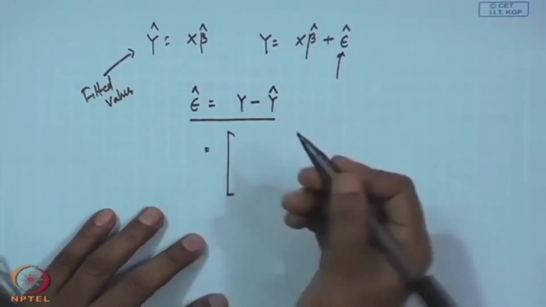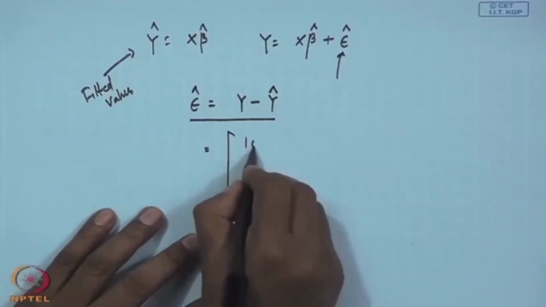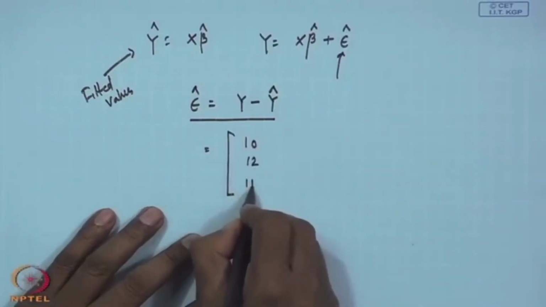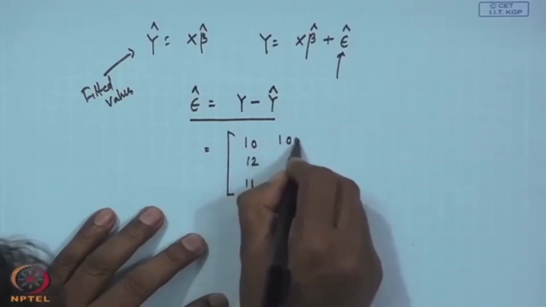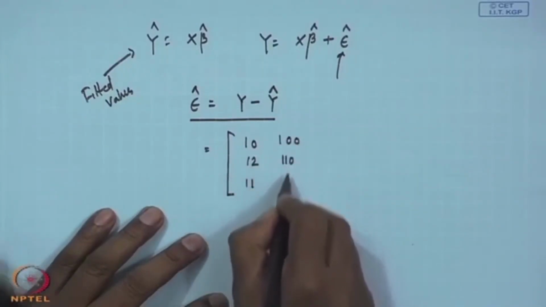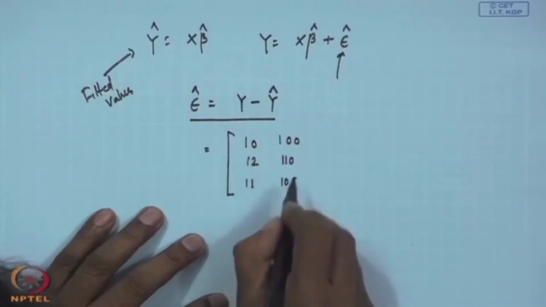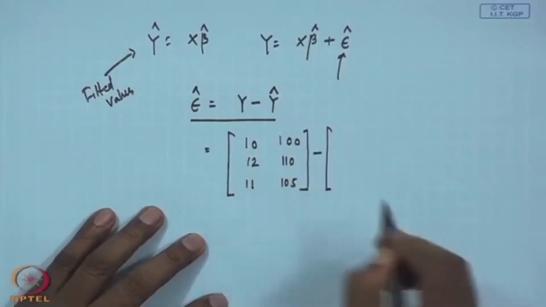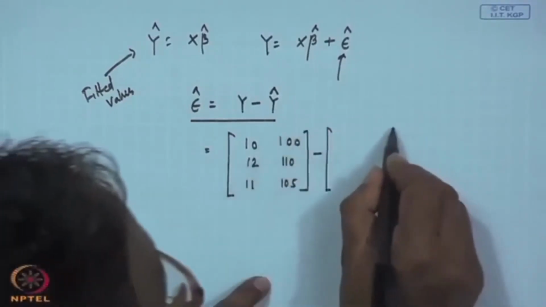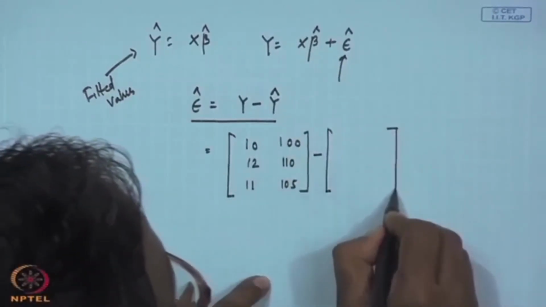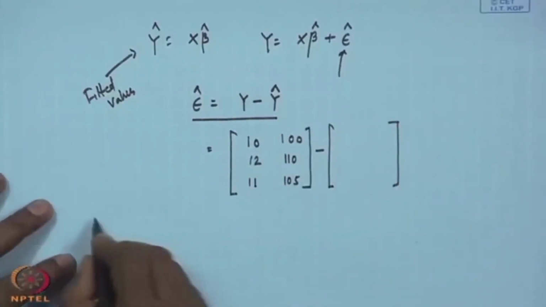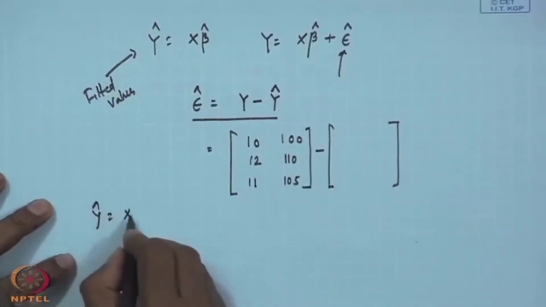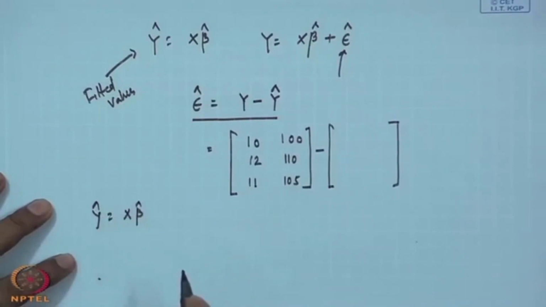Your y variables are y1: 10, 12 and 11, and y2: 100, 110 and 105. So now you require to find the y cap values, where y cap is x beta cap.